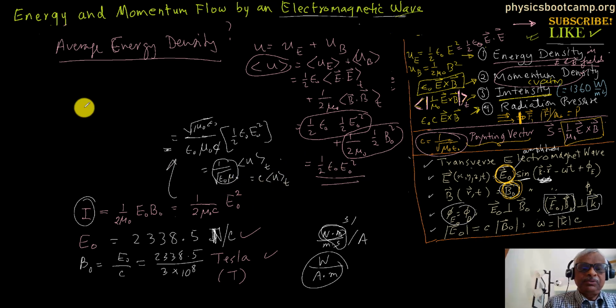So using this, for the U_T that we want, I can take the intensity and divide by c.